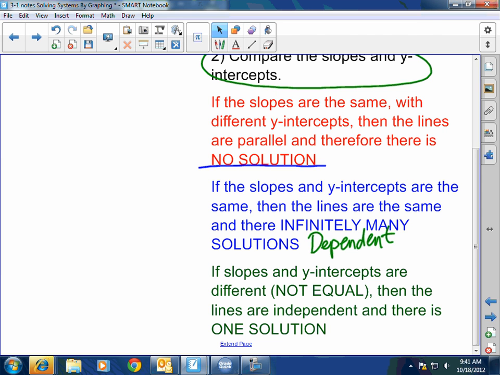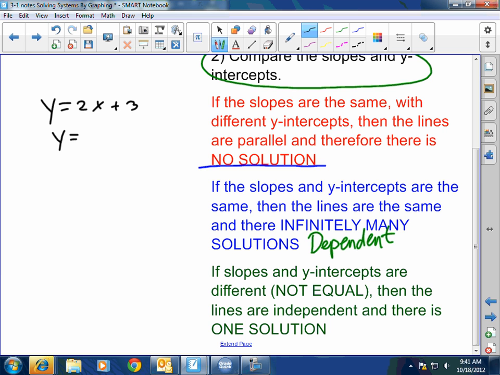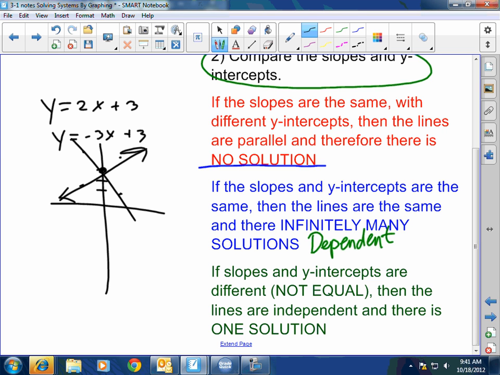If you have, whatever, y equals 2x plus 3 and y equals negative 3x plus 3, the solution is right there. And you're going to go up 2 over 1, down 2 over 1, and then down 3 over 1, up 3 over 1. That would be your solution. The y-intercept, sir. It's a great question. Did I answer the question you were asking? Thank you, sir. May I continue?